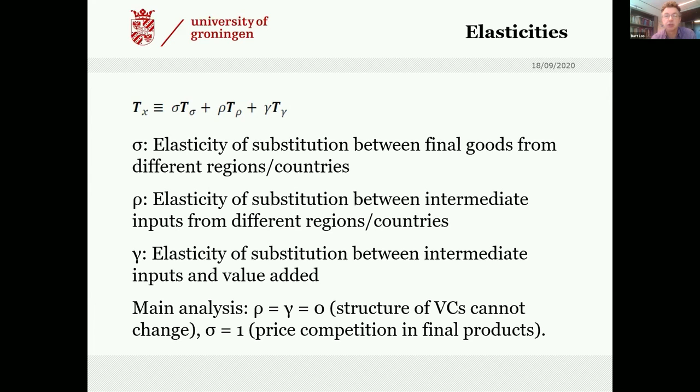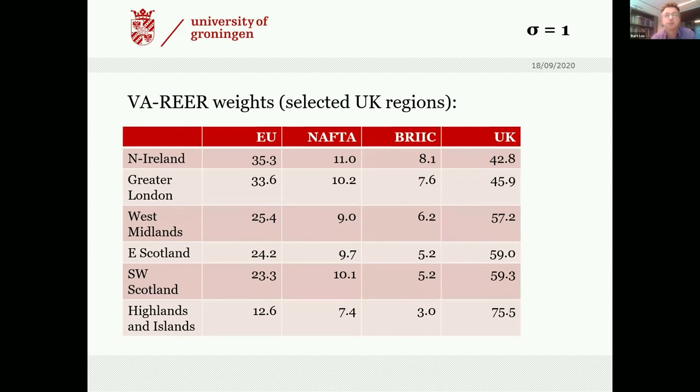So this is a rather short-term analysis, but we have shown in the paper that if we assume positive values for rho and gamma as well, the numbers change a bit, but in a qualitative sense, in terms of the ranking of regions, we find very similar results. So what kind of weights do we find?